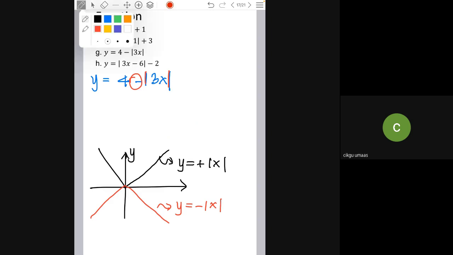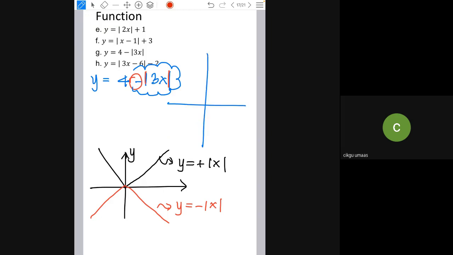So for us, in our question, you saw we got negative 3x, right? So the standard graph now would be this. This is the graph of y equal to negative modulus 3x.